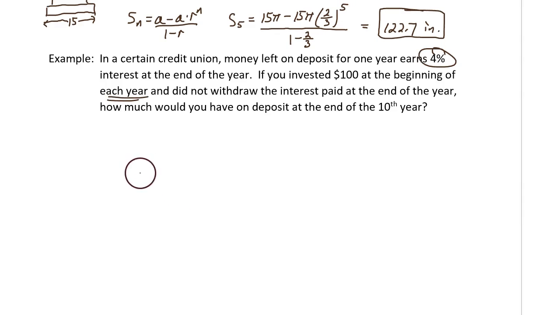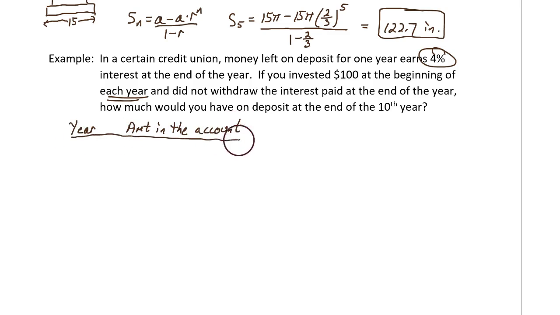Let's model this situation and use a chart to keep our work organized. So we'll keep track of the year, and we'll keep track of the amount in the account. After 1 year, how much money will be in the credit union account?